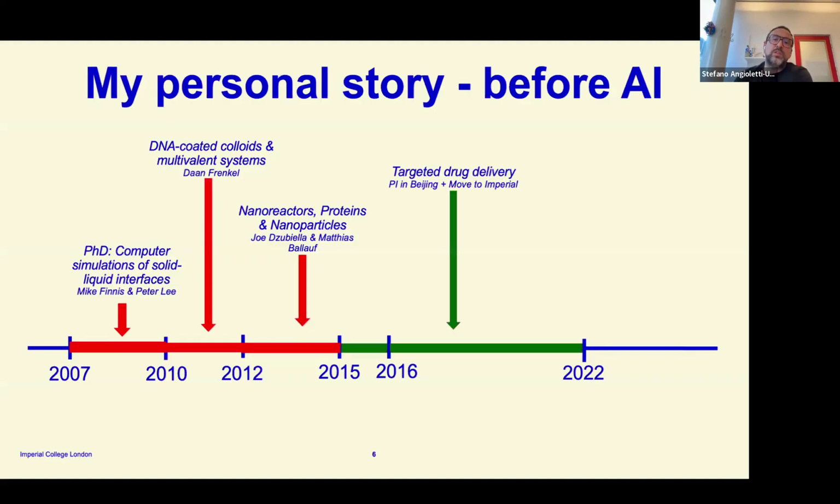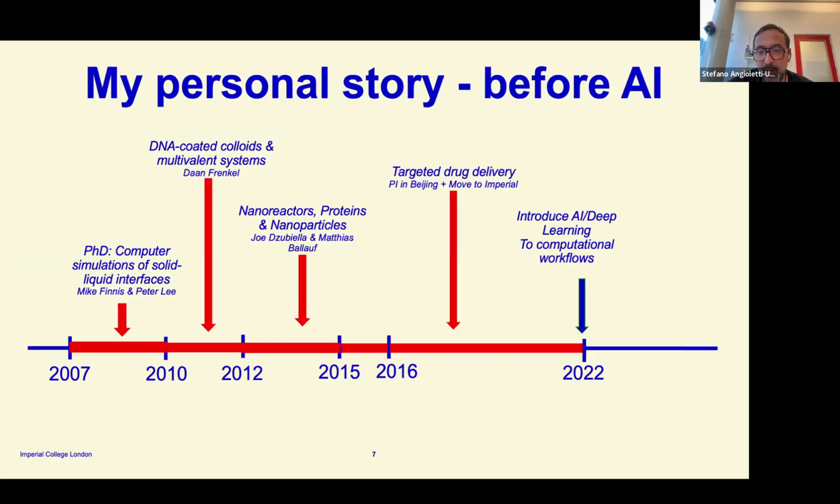From 2015 to 2016, I spent 1 year in Beijing, in China. And then I moved back to Imperial when I got a position there. And I started to do computational design, still focused on studying nanoparticles, but for drug delivery purposes. Basically 2016 is when I moved back to Imperial and I started to build and lead the Soft Nano Lab group.